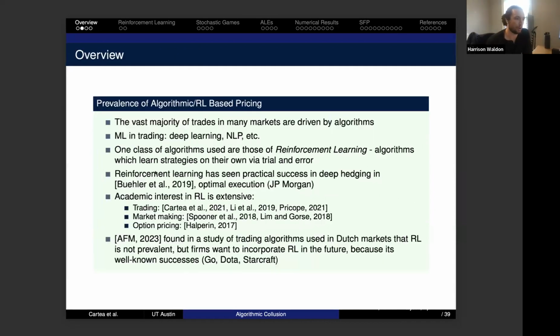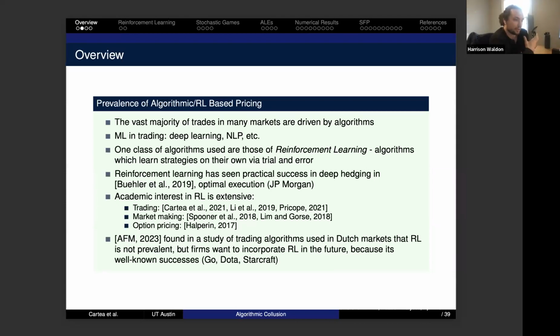First, let me speak broadly about the prevalence of algorithmic pricing in the financial industry. It is very well known to this audience that the vast majority of trades in electronic markets are executed and driven by algorithms. The particular forms of the algorithms used in practice are varied, but many rely on machine learning techniques like deep learning or NLP.